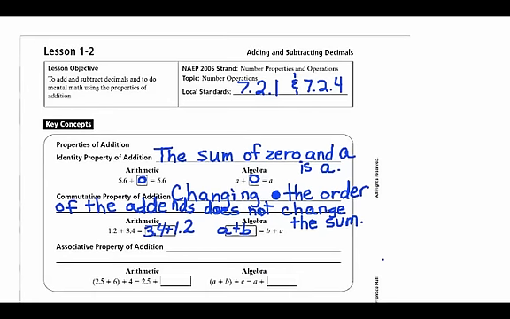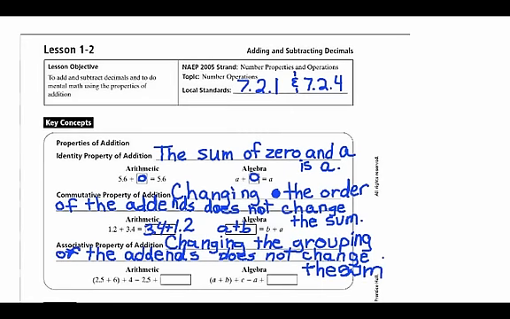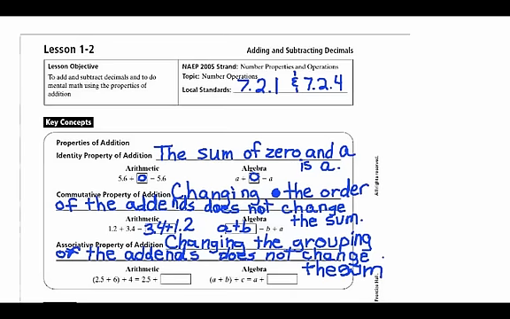The final property we're looking at today is associative property of addition. Associative property is changing the grouping of the addends does not change the sum. So if we look at our example here, we have 2 and 5 tenths plus 6 in parentheses, and then we're adding 4.